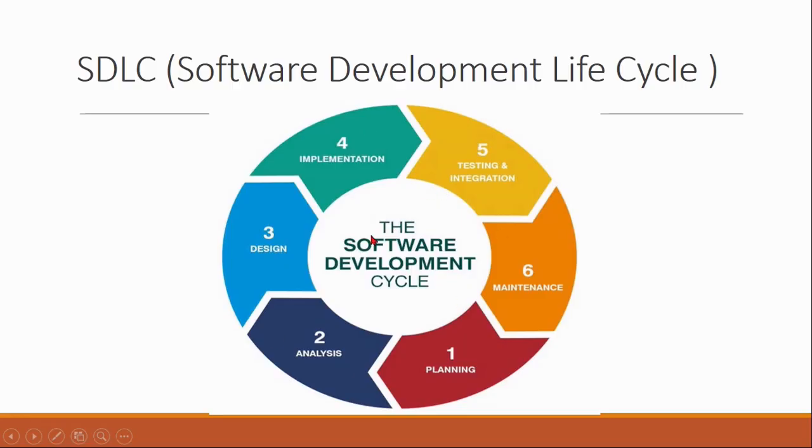These components are structured within the software development lifecycle. We have the first phase, that is planning. Then next step we have analysis. Then third we have design. Fourth we have implementation. Then next we have testing and integration, and at last we have maintenance of our product.